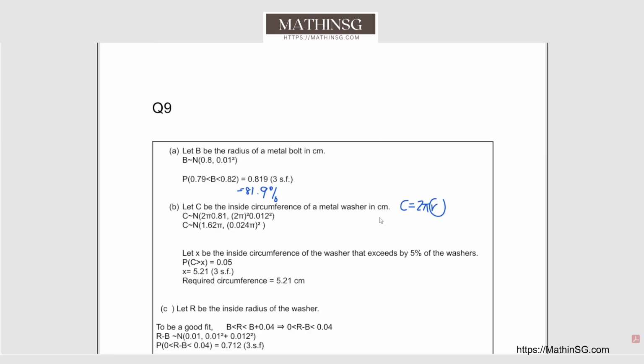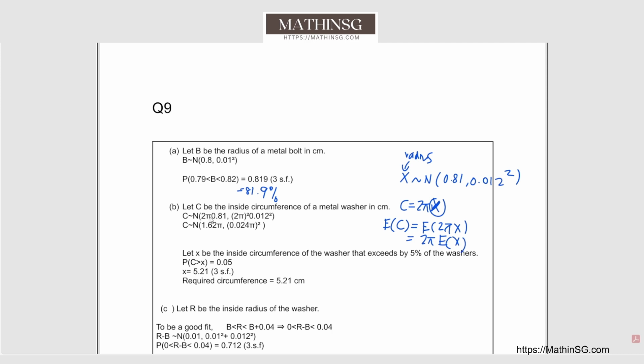So maybe let me not call it r. If X is the radius of the washer, and X takes normal distribution of 0.81, 0.012 squared, then the circumference, which is 2 pi x, will be such that the mean, or the expected value of C, is equal to the expected value of 2 pi x, which is equal to 2 pi times the expected value of x.